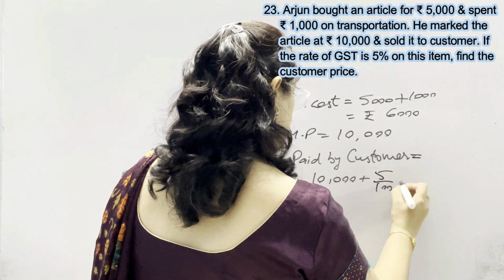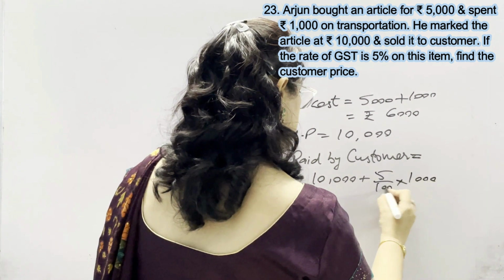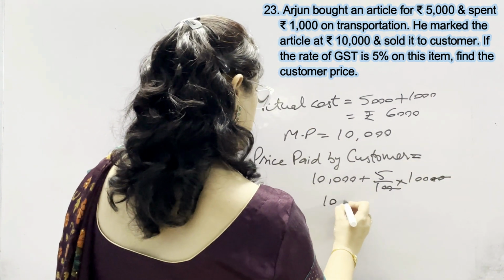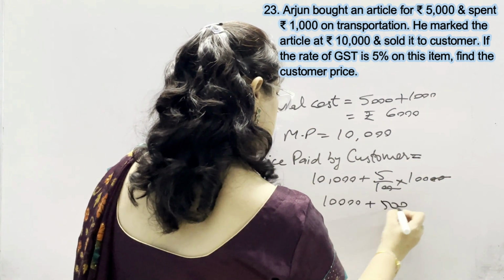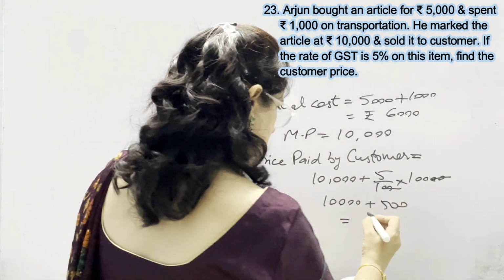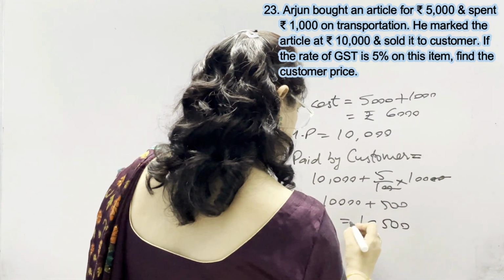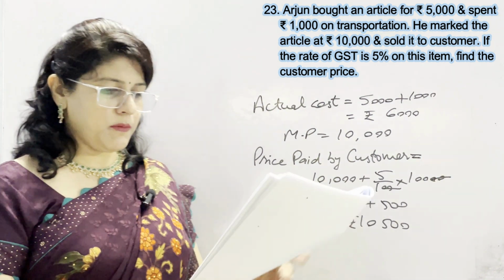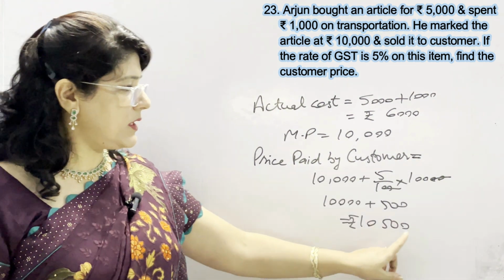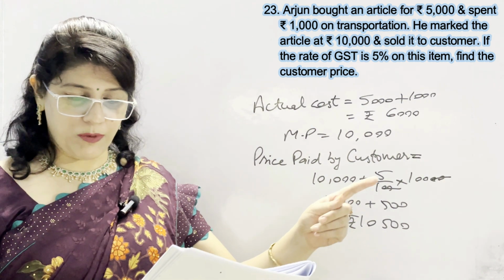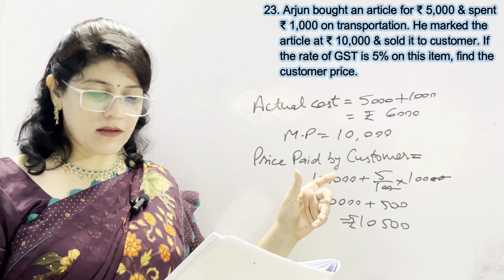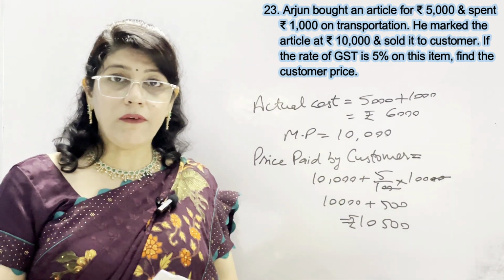So 5%, plus 500. It means 10,500 rupees. It means find the customer price. It means 10,500 rupees customer has to pay for the article to Mr. Arjun, and Arjun has profit of rupees 4,500.